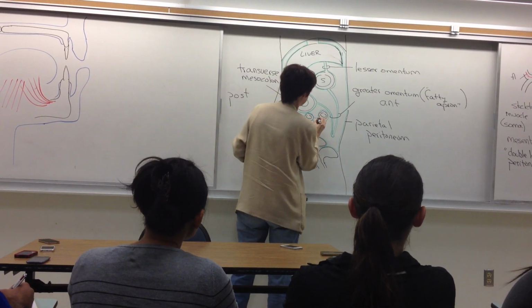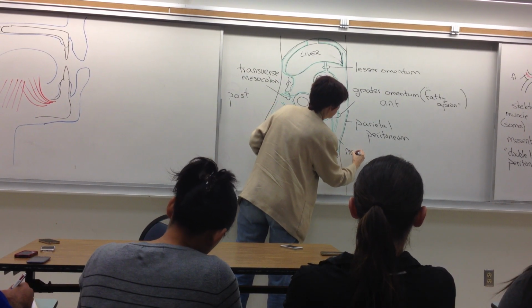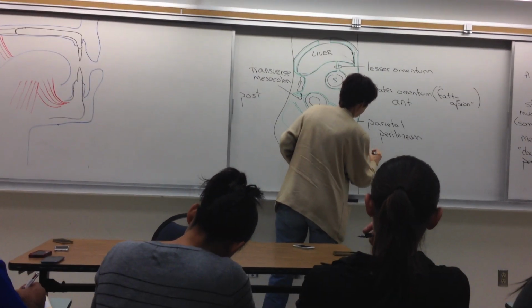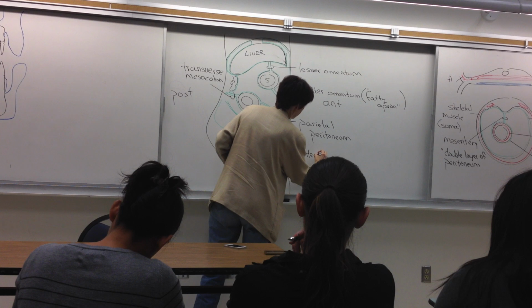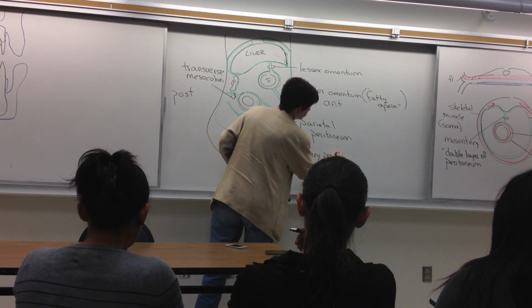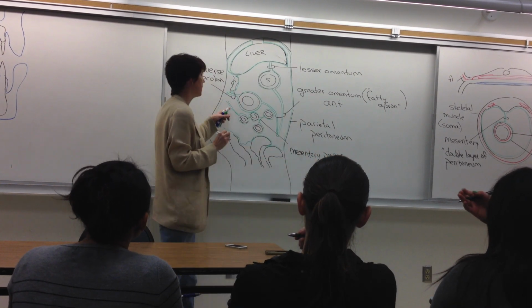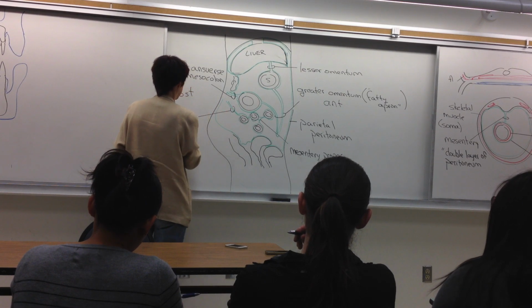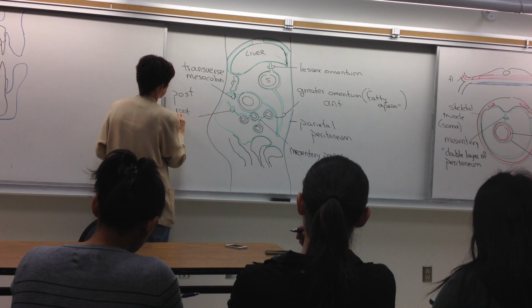It's been cut because our glutes are cut. And then where it's gathered together and attached to the posterior abdominal wall is the root of the mesentery.